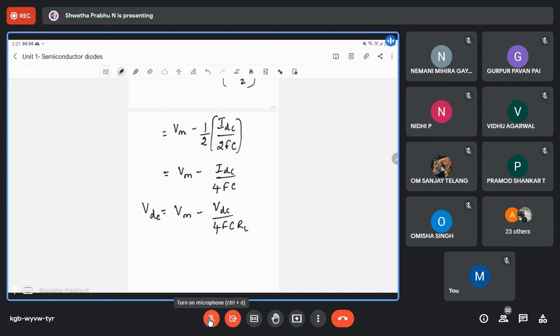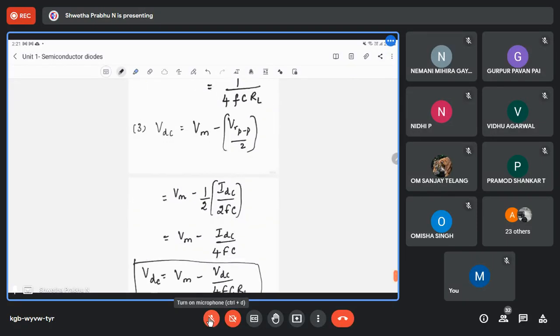Can I write like this? You may get a question: LHS also VDC and RHS also VDC. Actually, we need this formula for solving one of the numericals. As of now, make a note of this formula, this one as well as this one, very important.